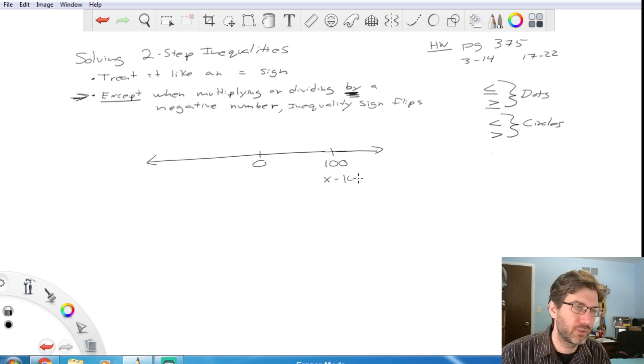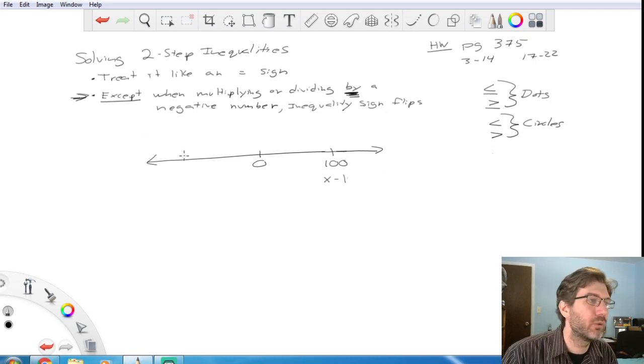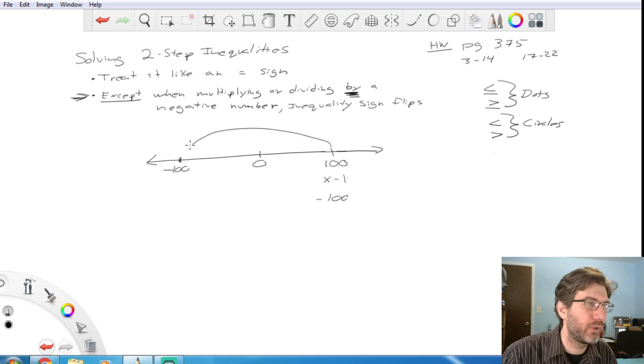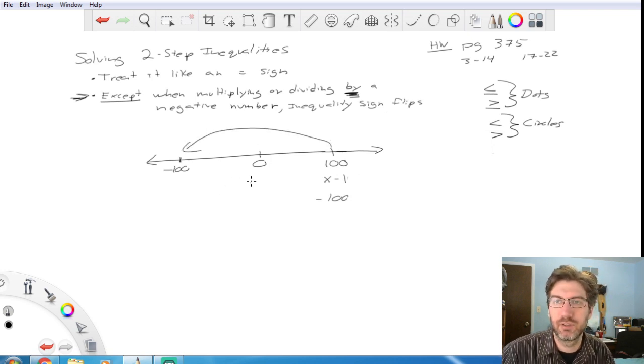Actually, let's just do negative 1. That'll make life easier. If I multiply this by a negative number, so negative 1, what that's going to do is put me at negative 100. That jumps all the way to the opposite side of your problem.